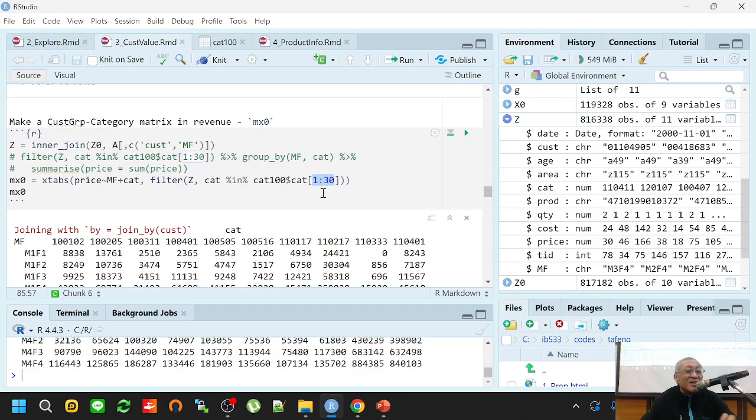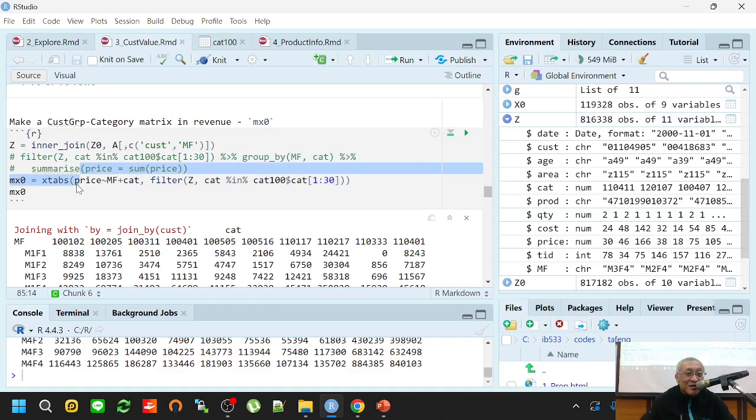Here is a data frame, but I limited it so that we only have the data that belongs to the top 30 categories, okay?